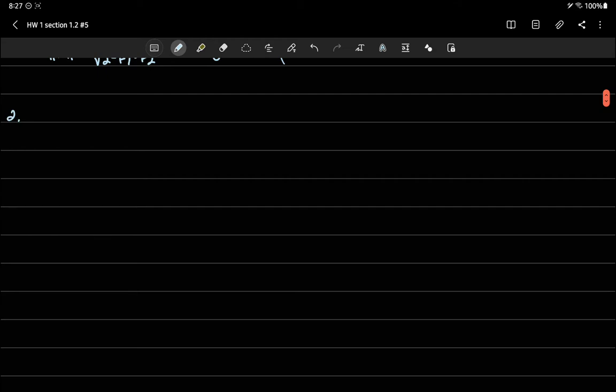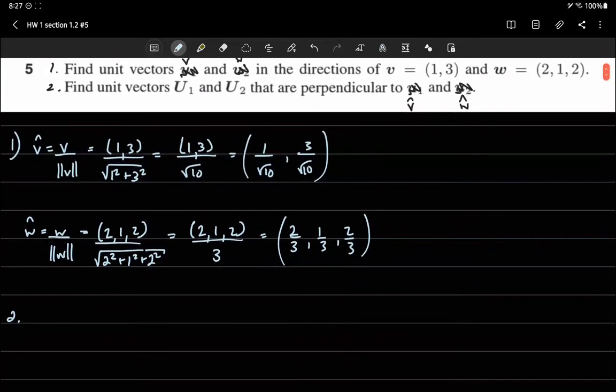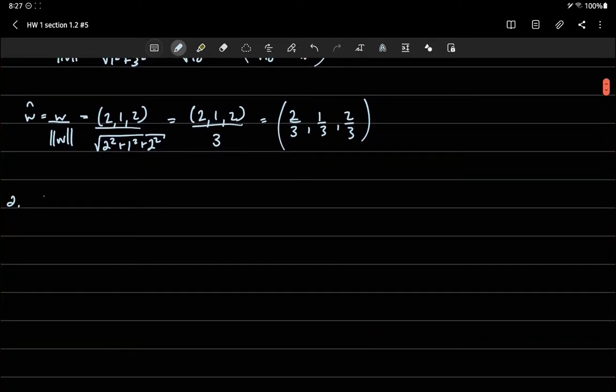Question 2, let's try to find unit vectors u1 and u2 that are perpendicular to the vectors we found in question 1. So let's find u1 first. We'll consider u1 to be perpendicular to v hat such that their dot product is 0, because that's what being perpendicular means between two vectors, that their dot product is 0.